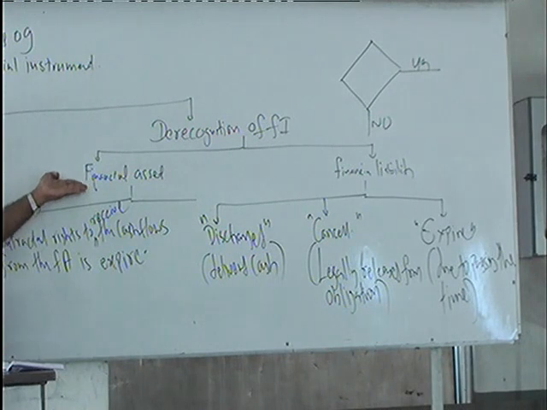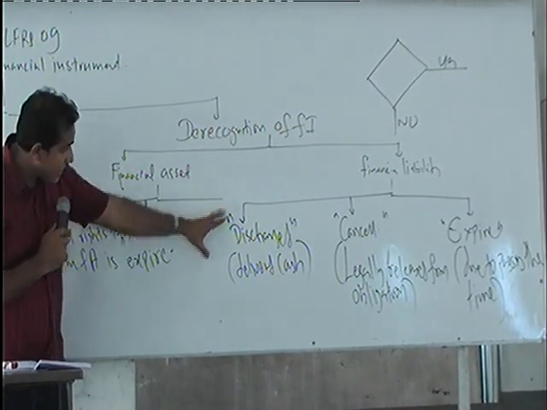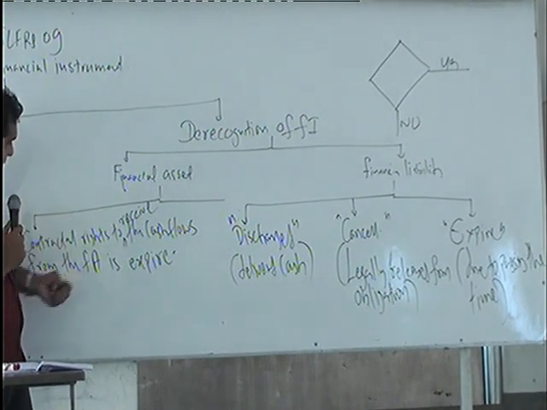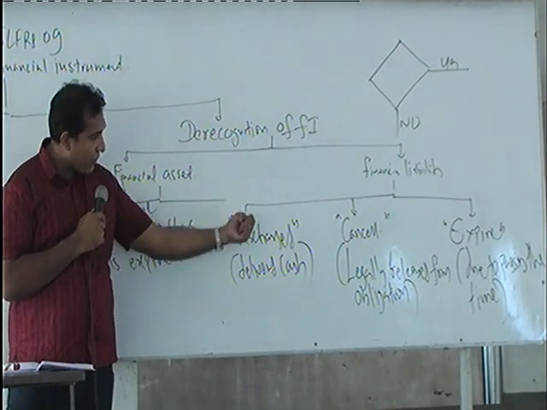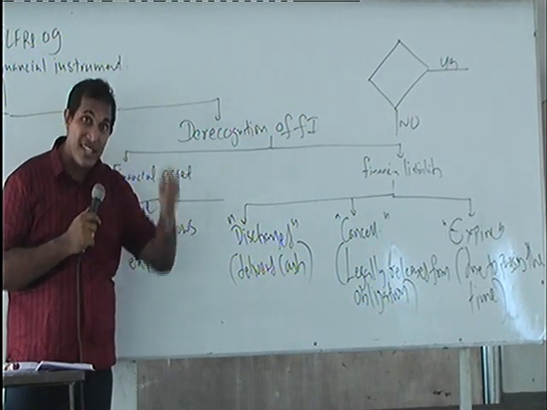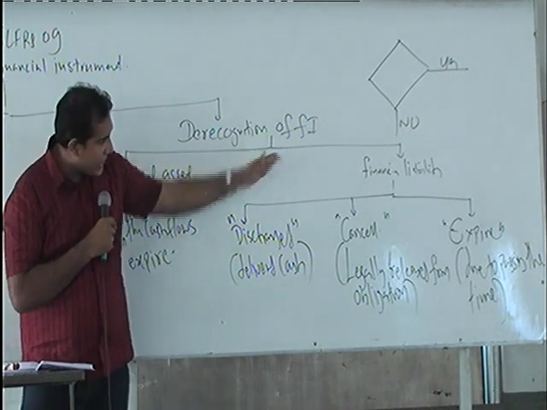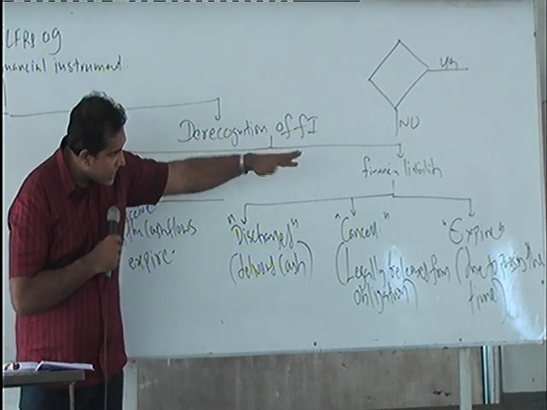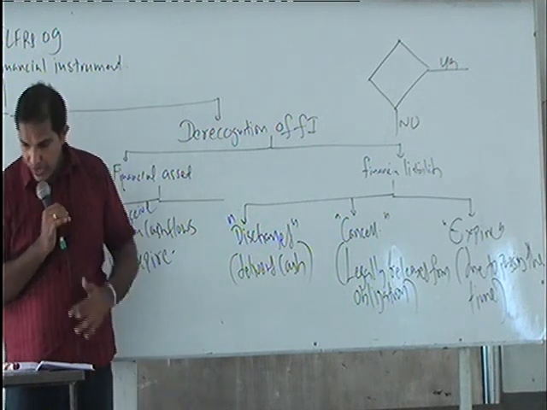For financial asset we discussed two circumstances: contractual right to receive cash flows expire, and second, transfer of asset. On that, whether risk and rewards transferred we assessed through the decision tree. And when it comes to financial liability, discharge, cancel and expire. Those are the three circumstances where financial liabilities are derecognized from the financial statements.